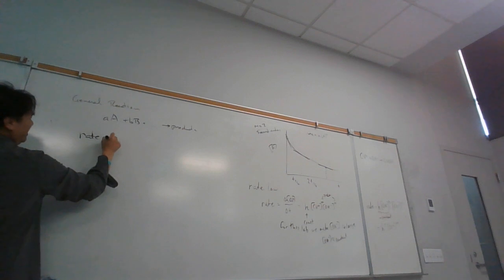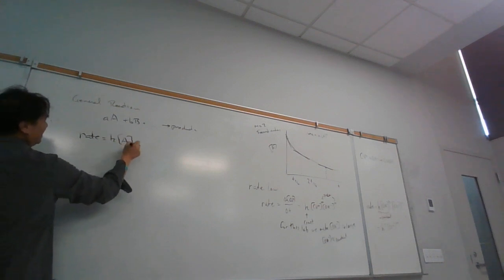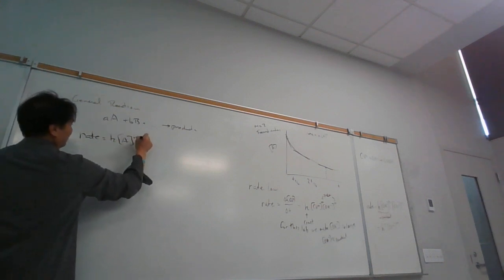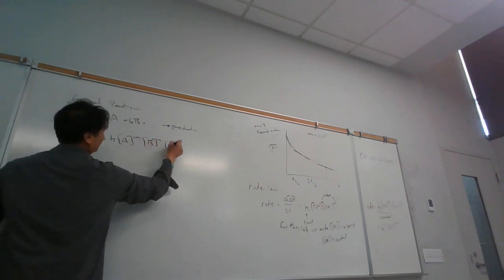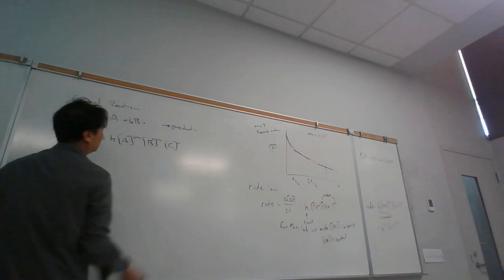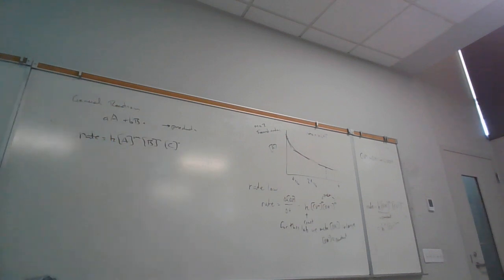The rate is going to equal k[A]^m[B]^n[C]^o, dot, dot, dot, however many reactants we have.